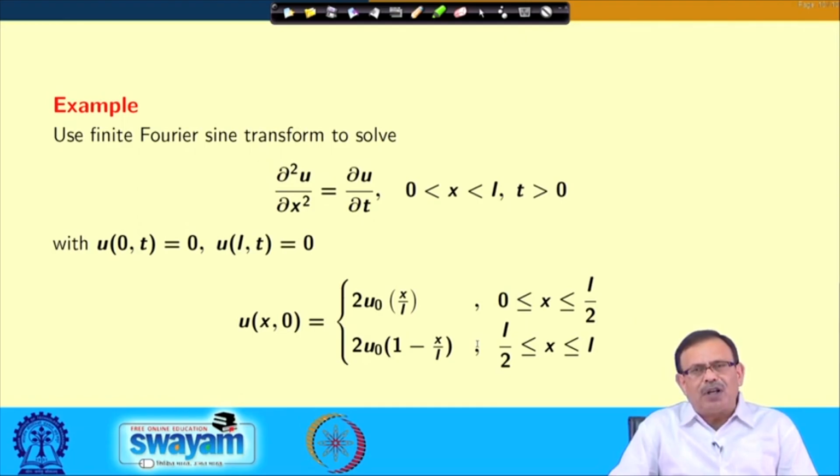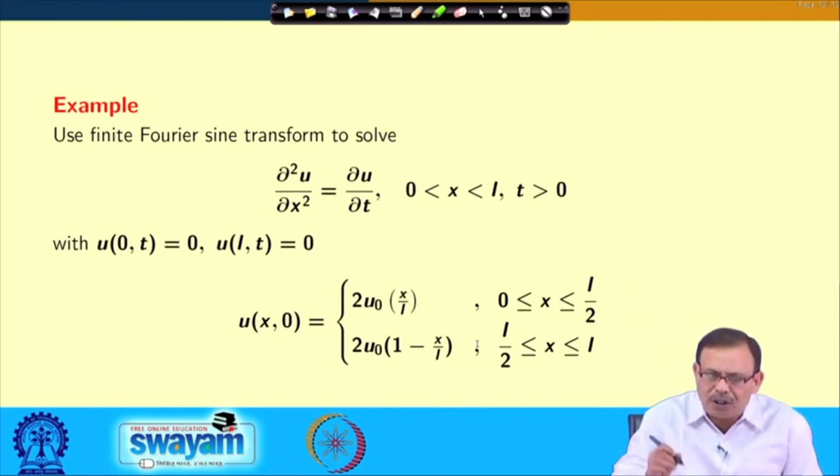From the definition of the finite Fourier transform, if we have to use the finite Fourier sine transform, then the values of u(0,t) and u(L,t) must be known, and they are known in this case. Therefore, to solve this problem, we will use the finite Fourier sine transform.